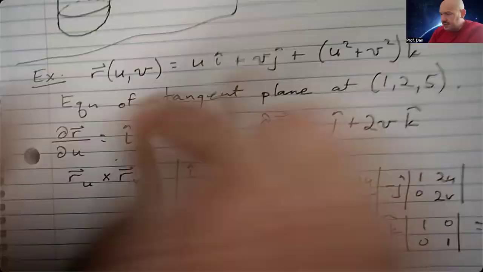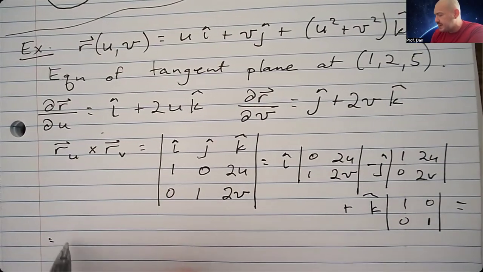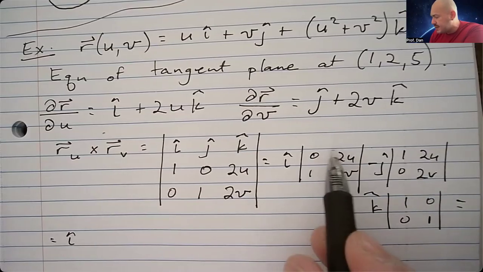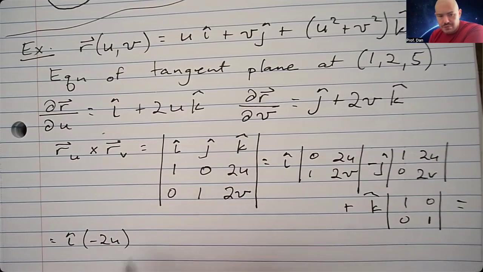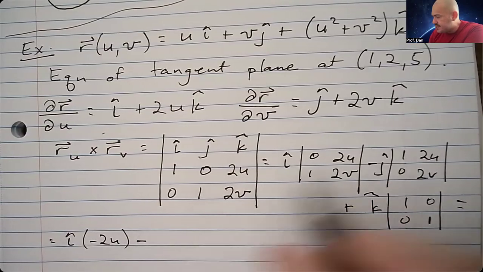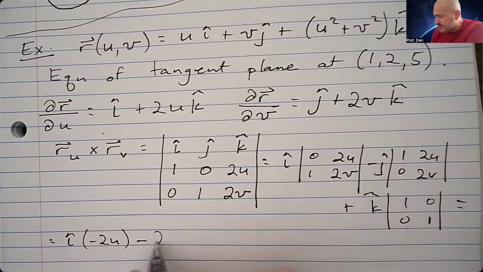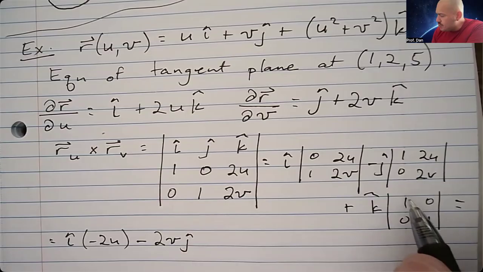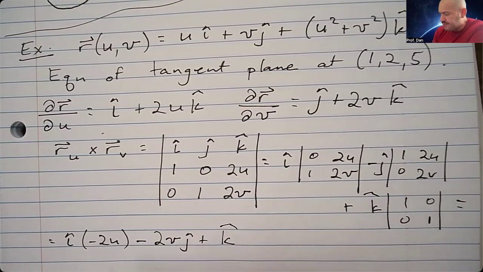All right, and if we were to continue simplifying, I would get i times 0 minus 2u, so negative 2u, minus 2v minus 0, so minus 2vj, and then 1 minus 0, so plus 1k.